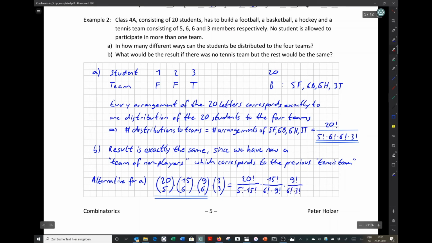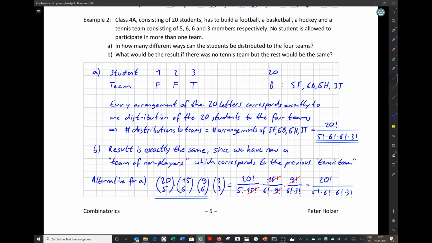Now we can cancel out. The 15 factorial cancels out with the 15 factorial, and the 9 factorial with the 9 factorial. So what remains is 20 factorial in the numerator and 5 factorial times 6 factorial times 6 factorial times 3 factorial in the denominator. And we see that's exactly the same as we had before.